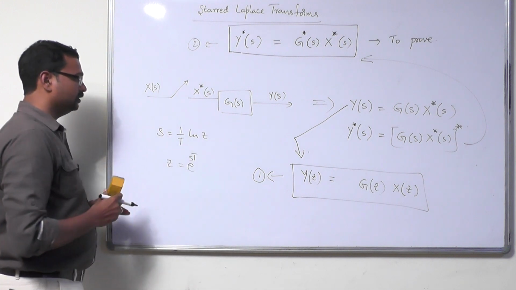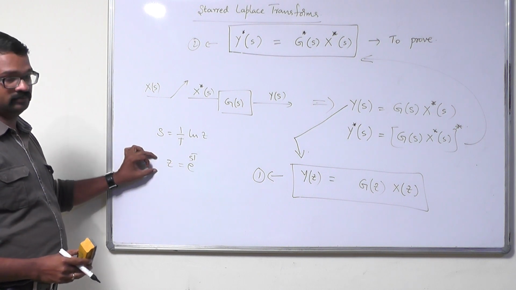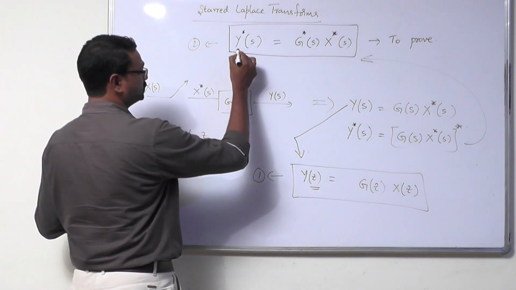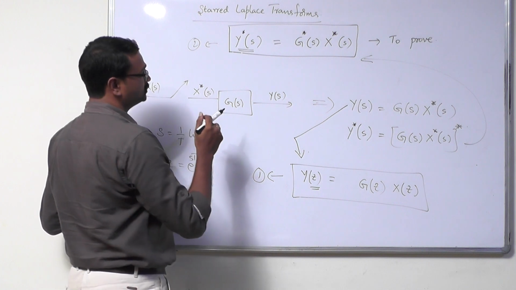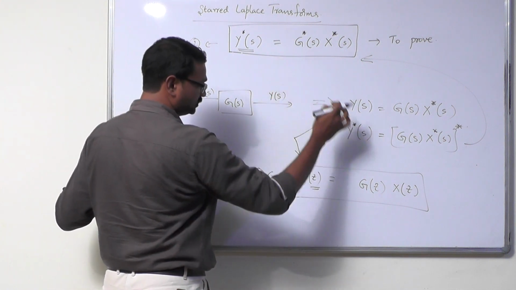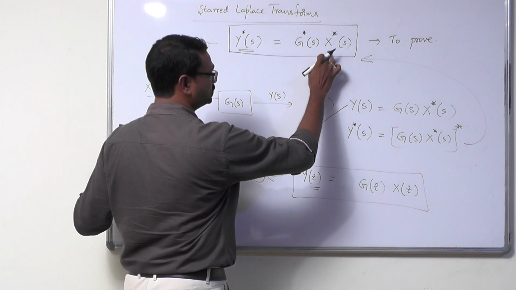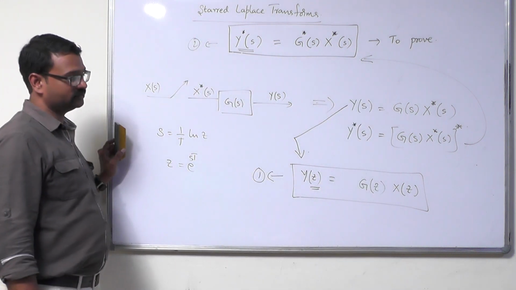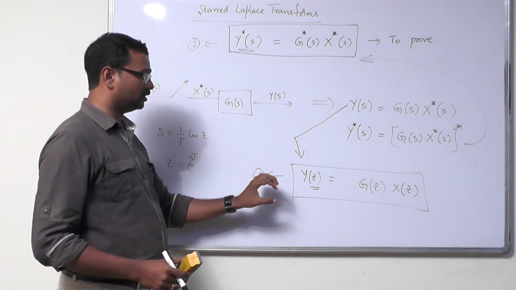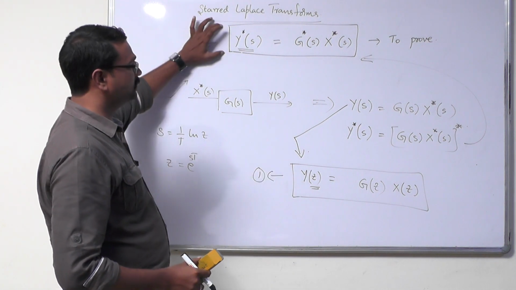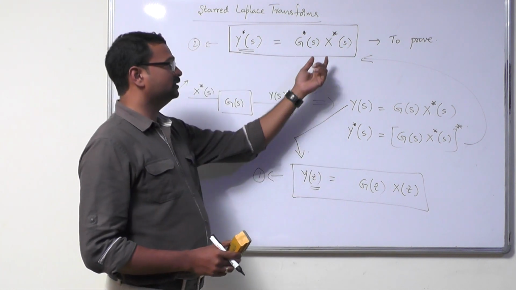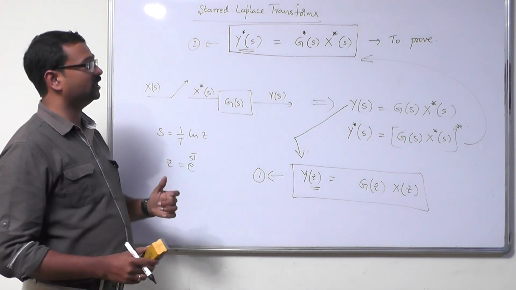This is s is equal to 1 by t ln z and z is equal to e power st. So with this you can say that y star of s is the z transform of y of t, g star of s is the z transform of g of t, and x star of s is the z transform of x of t. So this equation indicates that the star transform of y of s is equal to the product of the star transform of g of s and the star transform of x of s. So this is star Laplace transformations.